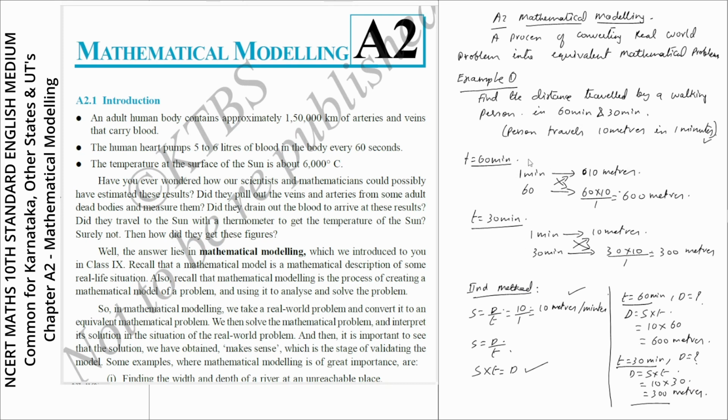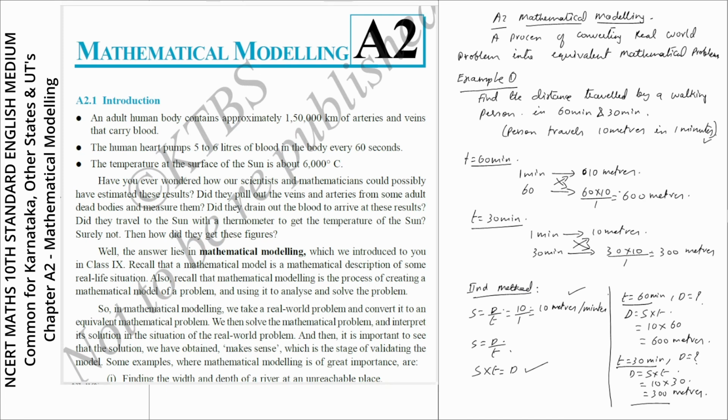In the first model I have found the distance traveled using the unitary method, and in the second method using the formula distance is equal to speed into time taken. This is how we do mathematical modeling for any given real world problem. There could be more than one mathematical model for any given real world problem.